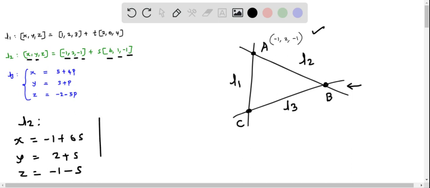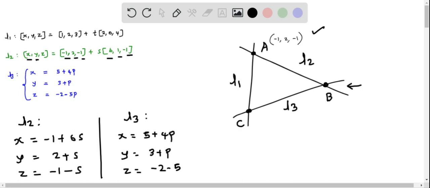So this is the parametric equations of line 2. And for line 3, we are already given the parametric equations. So I'm going to write down over here. That is x equals 5 plus 4p, y equals 3 plus p, and z equals negative 2 minus 5p.